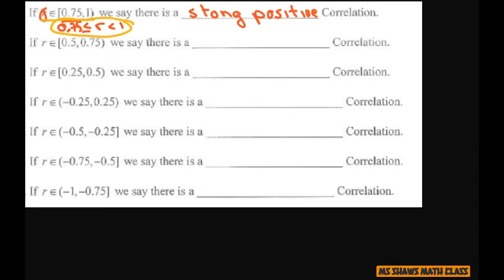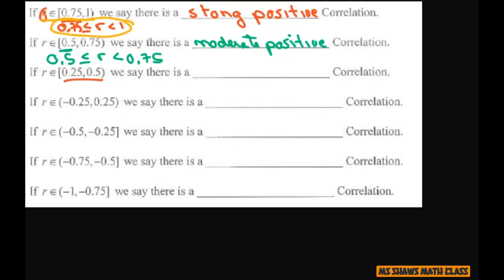So if it's in between or equal to 0.5 and 0.75, we can say that it's a moderate positive. Okay, and so forth.